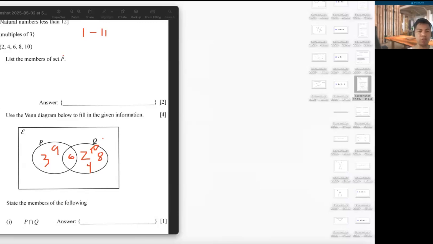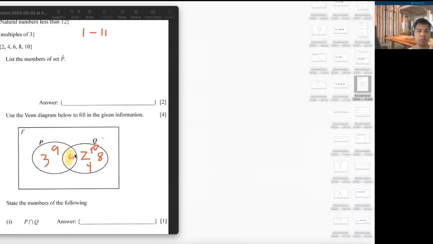Now let's try to answer. Do you see this symbol, the inverted U? That means the intersection. That's the element that can be found in both P and Q. So the intersection is 6.